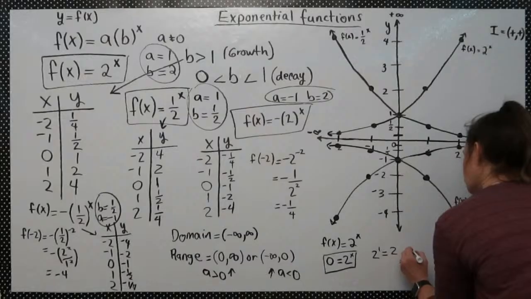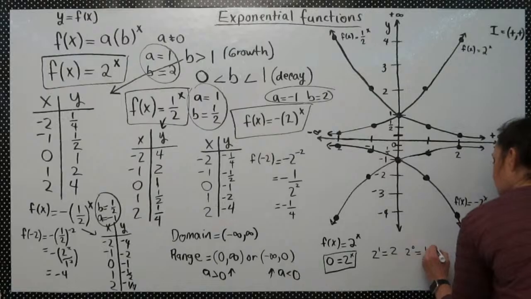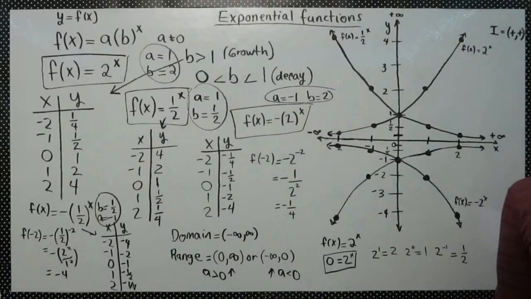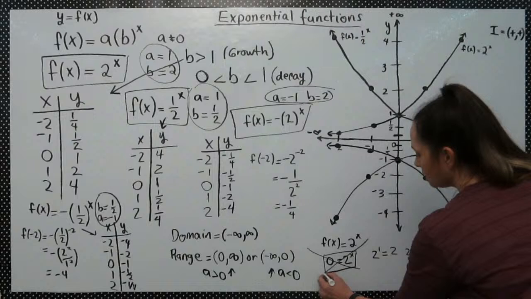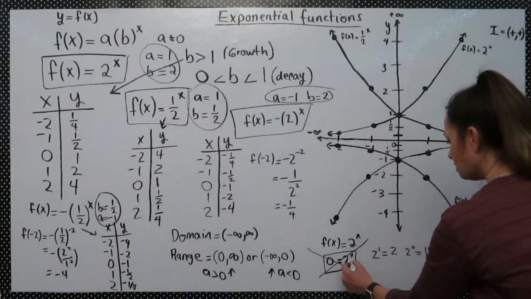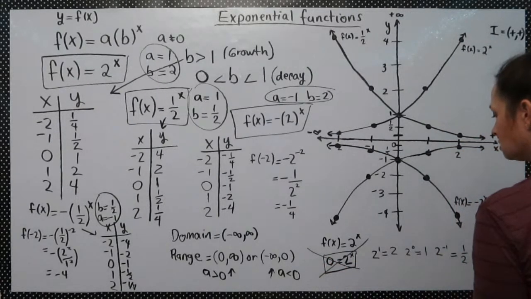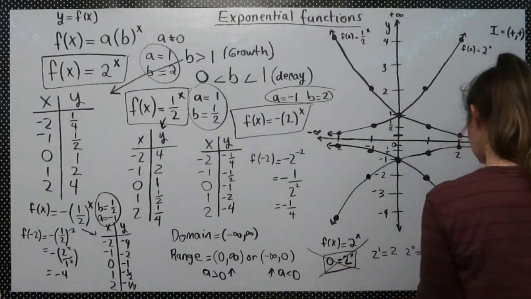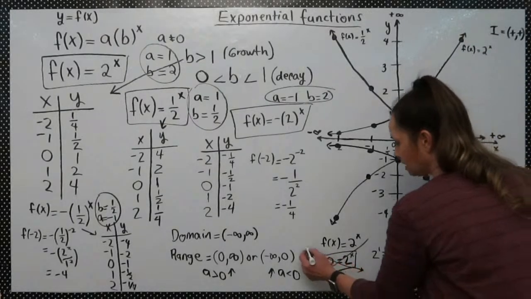You have 2 to the 0 power, which is 1. And then you have 2 to the negative first power, which is 1 over 2. 2 would represent the base, x is the exponent, and 0 would be the result. So we're trying to find the exponent that you have to raise 2 to to get 0. And that's the problem, essentially. You can't do it.